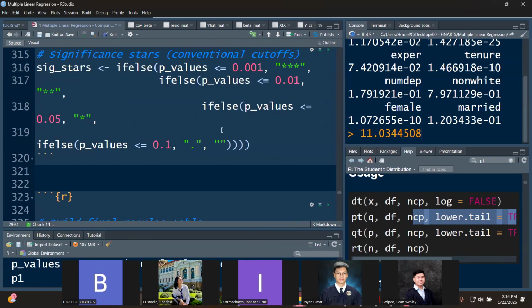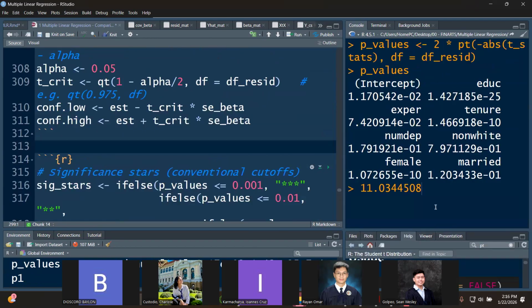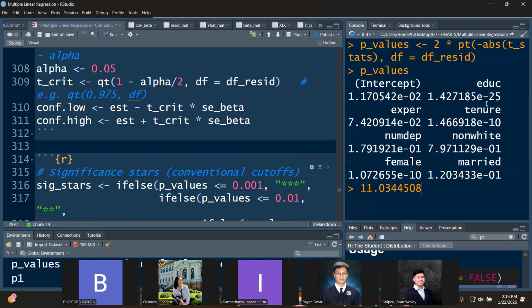Okay. So take a look at education. The p-value is, okay, that's very, very low. So how do you get this? 1.4, move 25 places to the left. That's negative 0.00000, etc. So that's a very, very low p-value, and it's lower than 0.05, which means that education is significant.